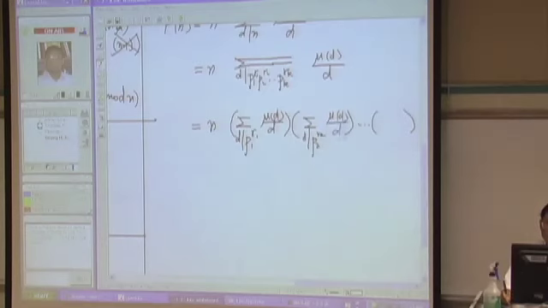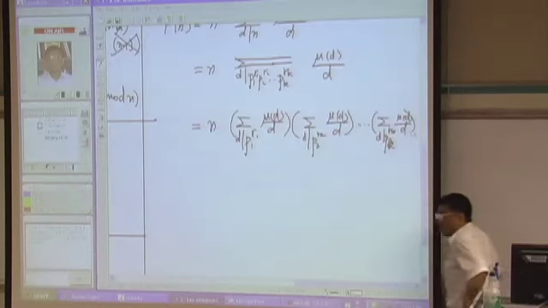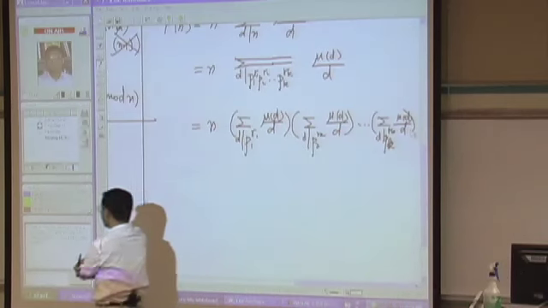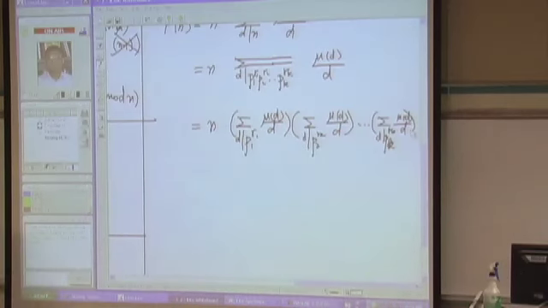If you don't see the reason, ask me. And then d dividing PK to the RK. So I use the multiplicity of the mu of d over d function. If you don't see the reason why, ask me.